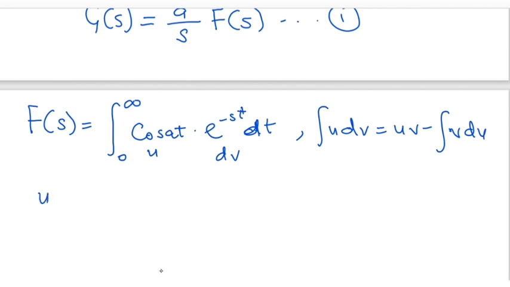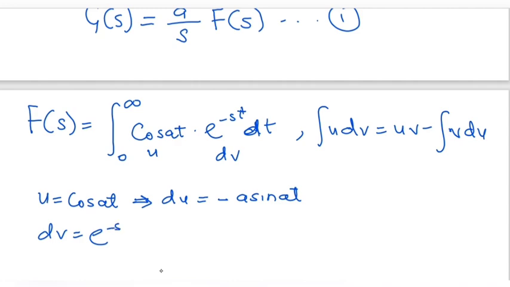So if our u is cos at, this implies that our du is going to be negative a sine at dt. And then if our dv is e to the negative st, this implies that our v, by taking the integral, is going to be negative e to the negative st all over s.